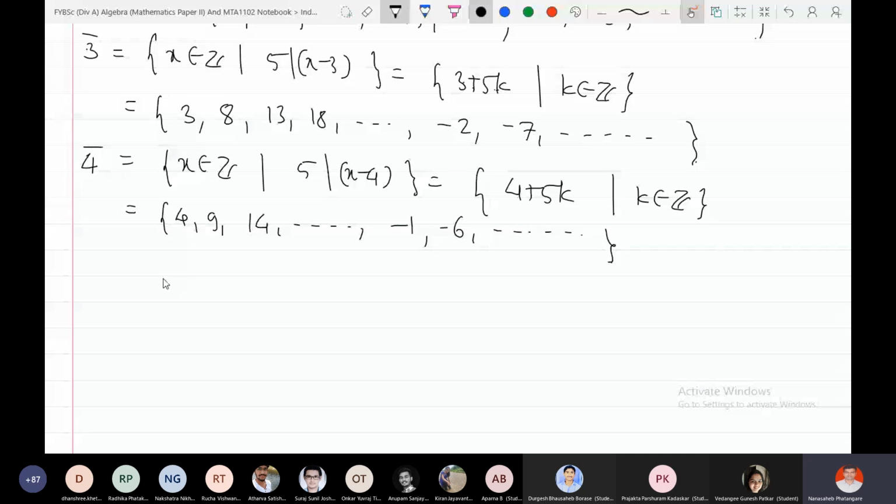Now you tell me, is there any element remaining which is not covered by these 5 classes? No, sir. All integers are exhausted now.